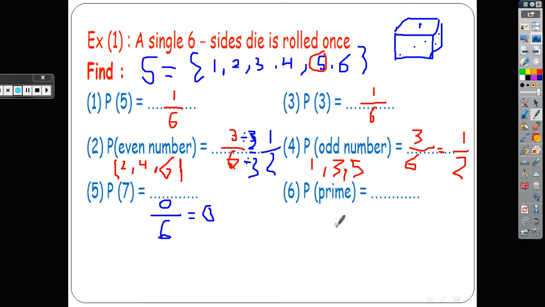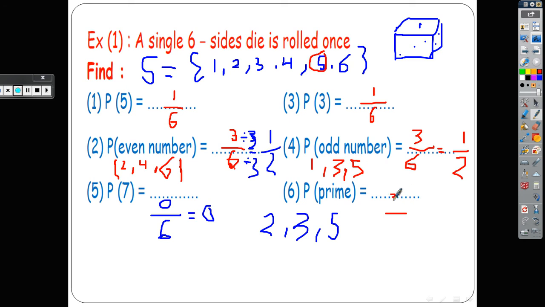If you want to find the probability of the prime number, what are the prime numbers in the die? At first you say 2 is prime. After 2 you have 3, prime. After that you have 5, a prime. How many prime numbers are there? 3.